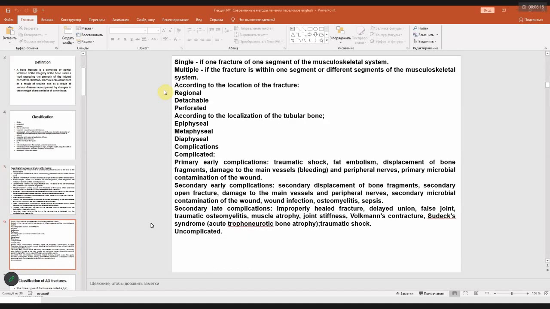Single: a fracture of one segment of the musculoskeletal system. Multiple: fractures within one segment or different segments of the musculoskeletal system.